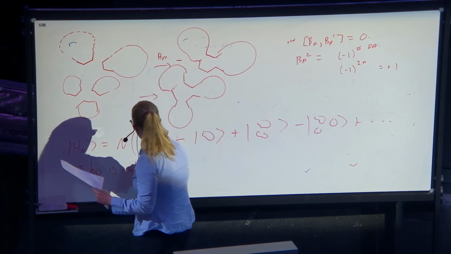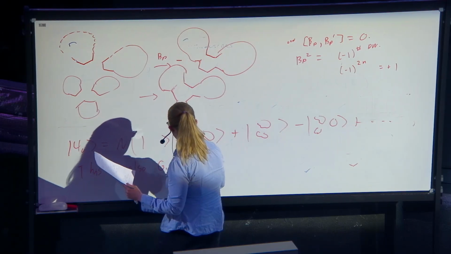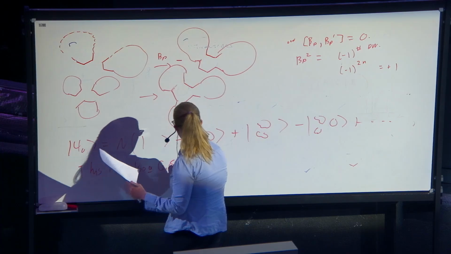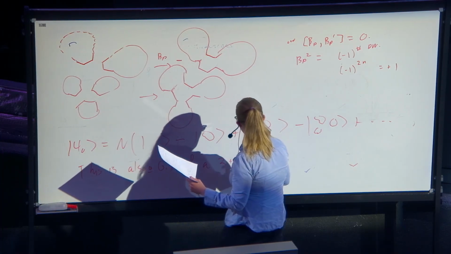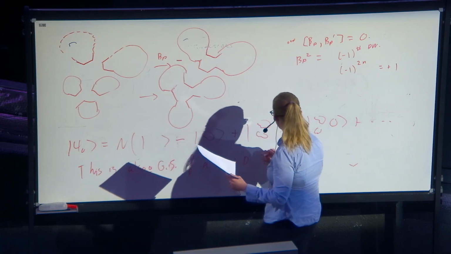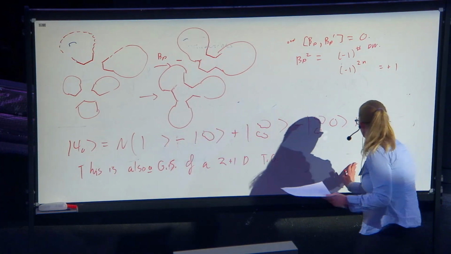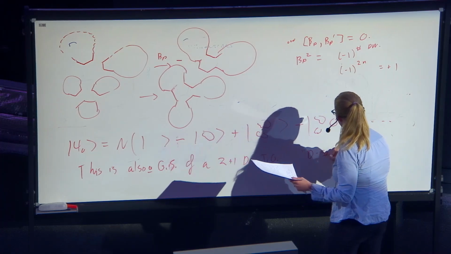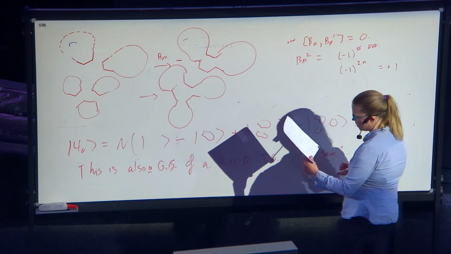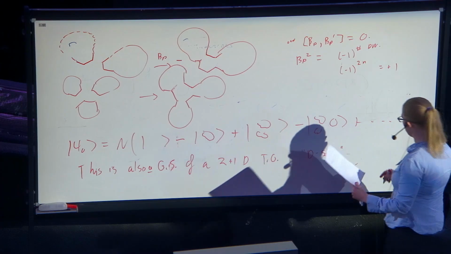And indeed, this is also the ground state, or one of the ground states, of some two-dimensional topological order. It's not the toric code. It's called the doubled semion model.